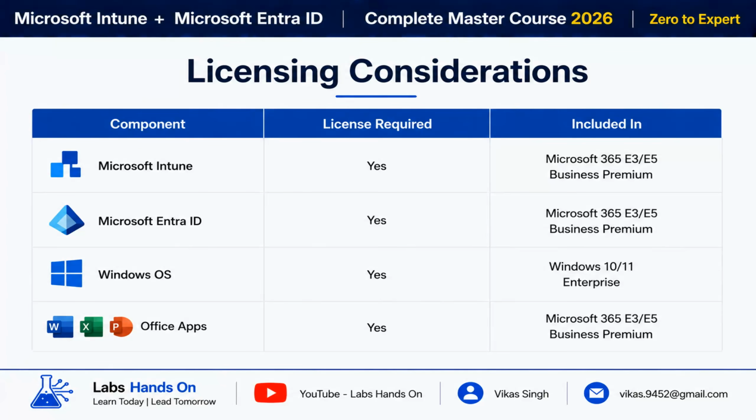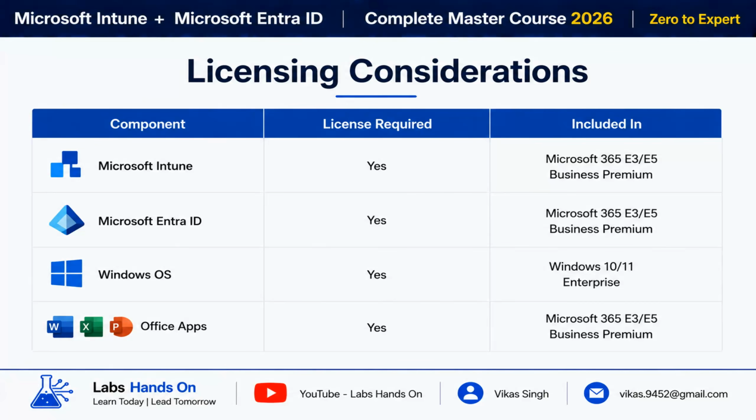Microsoft Entra ID is an identity platform that handles user authentication and device registration. It also provides a lot of other features, like conditional access, identity protection, then premium security capabilities available through basically Microsoft E3, Microsoft E5 and Business Premium licensing.